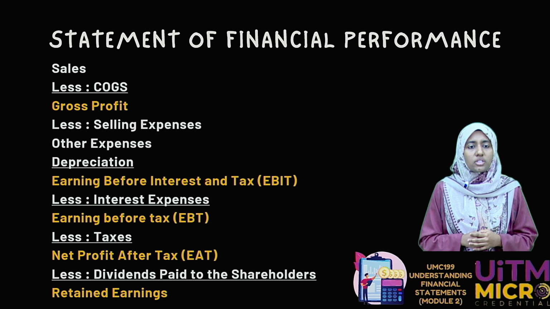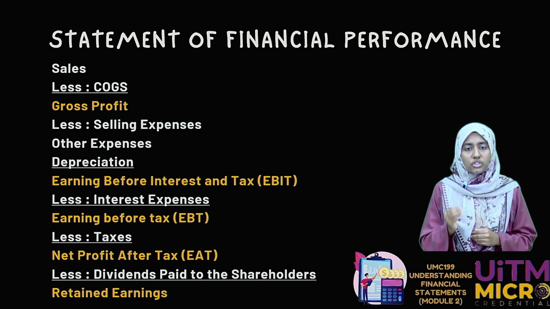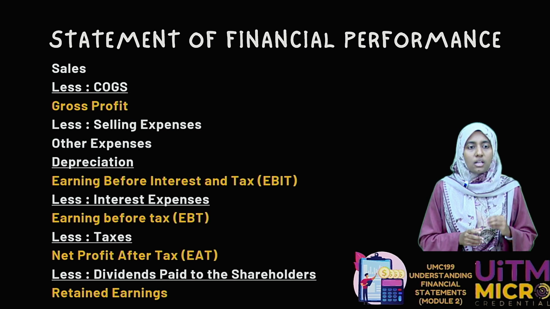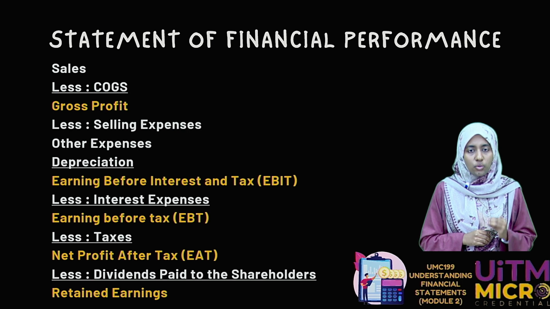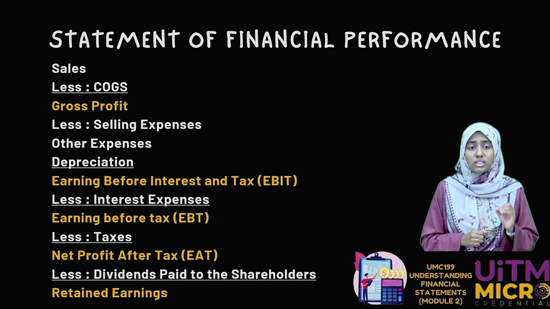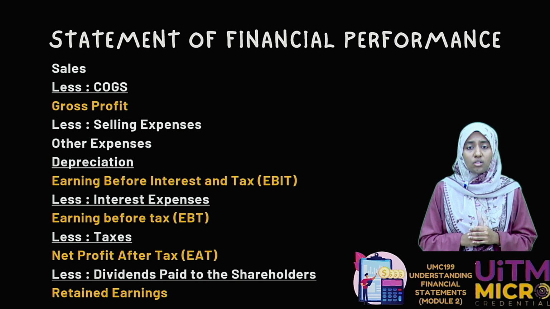Now, we are considering what happens to the company's earnings after paying its obligations. Dividends are payments made to the shareholders, usually a portion of the company's profit. Subtracting dividends from net profit after tax shows the portion of earnings distributed to shareholders, and lastly, what is left after dividends is called retained earnings.